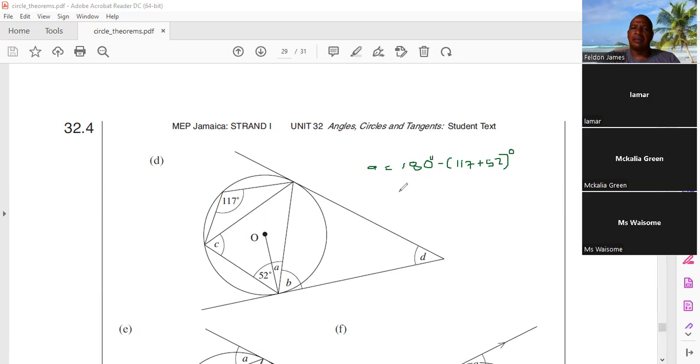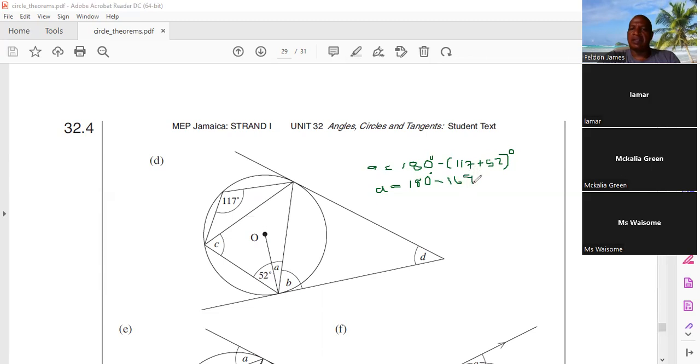All right, so what would that work out to be? 180 minus how much? So that's 169. Yes, sir. So minus 169.